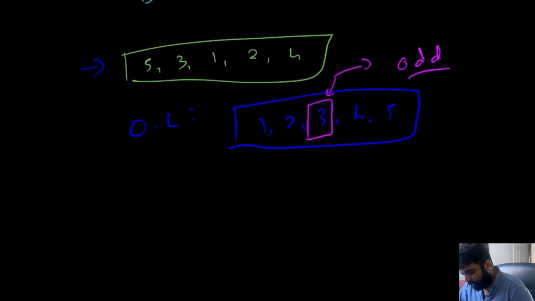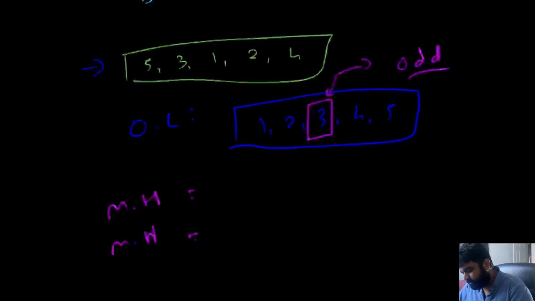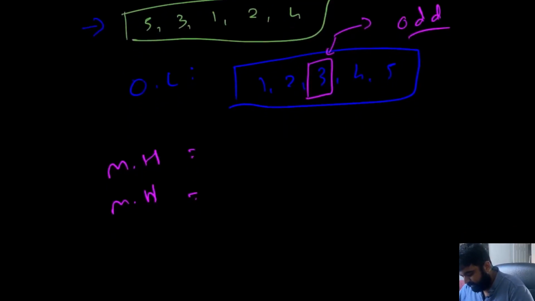Now let's see how my approach would work. So first, let me quickly create a max heap and a min heap. I'm first giving you the end result, how they are going to look, and then we will go step by step on how to implement that. The end result is that the max heap is going to have all the smaller values, with the very first element being the greatest of them.